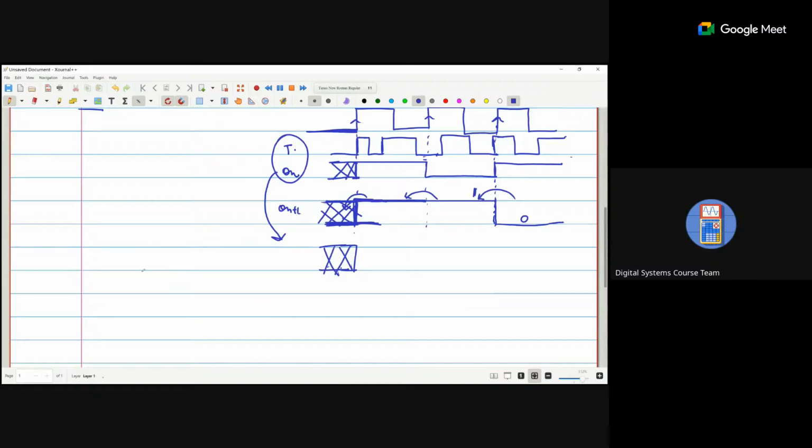Now when T is 1, what is Qn? Qn is 1. If the Qn waveform is represented, we assume that this is the output of the previous state. So when Qn is 1, what is Qn bar? It becomes 0.